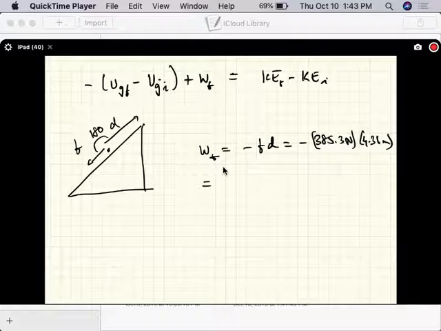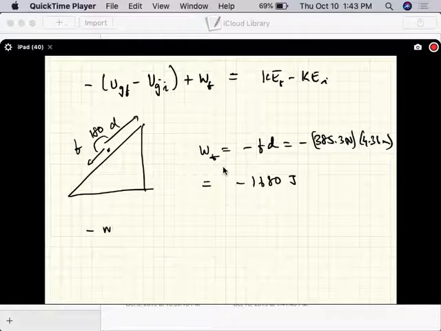So we can calculate the work done by the friction force. Minus 6. All right, now we're ready to put stuff in.